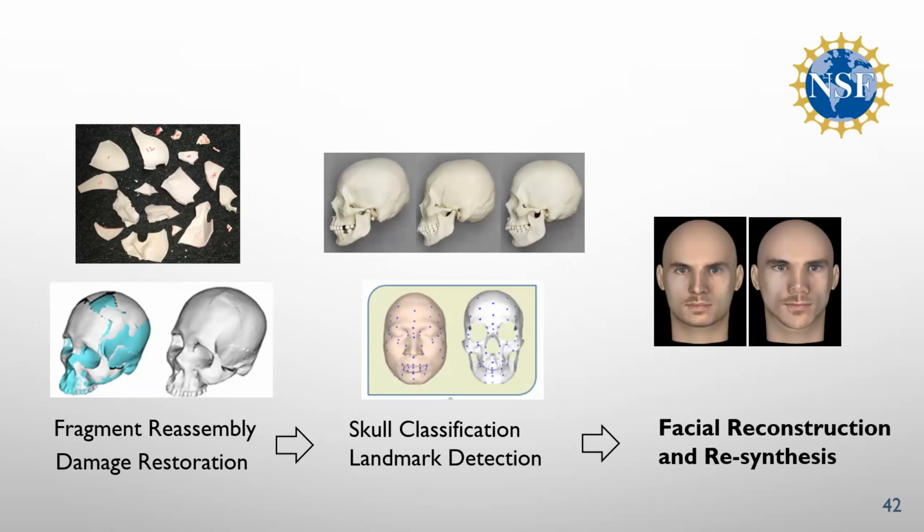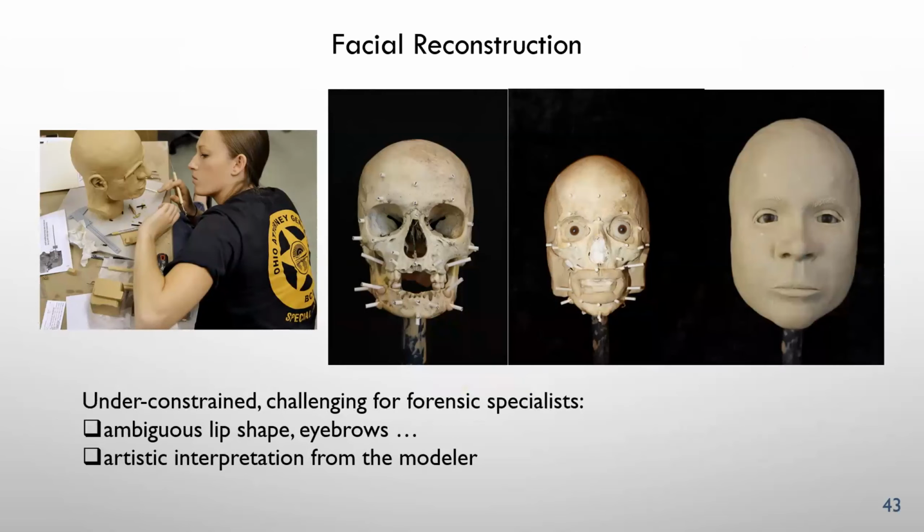Okay, then I would like to move to the next step, the face creation task, which is probably more fun. With the skull restored and classified, we now have a complete model. We have landmarks defined on that. And now we move to the next step to create the face upon the skull. Performing an accurate facial reconstruction from the skull is actually quite challenging, even for forensic specialists.